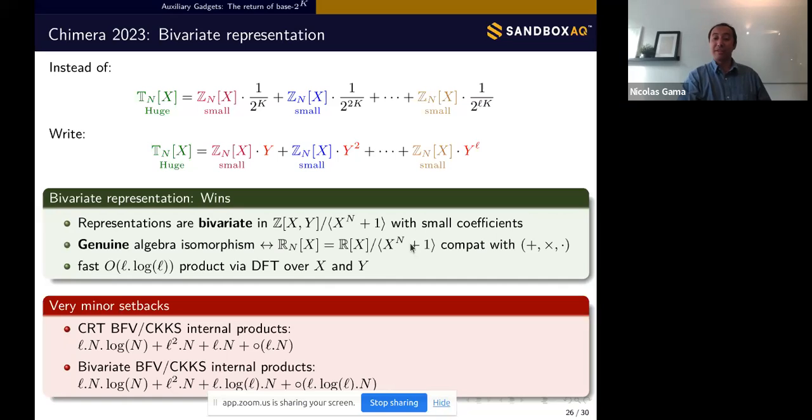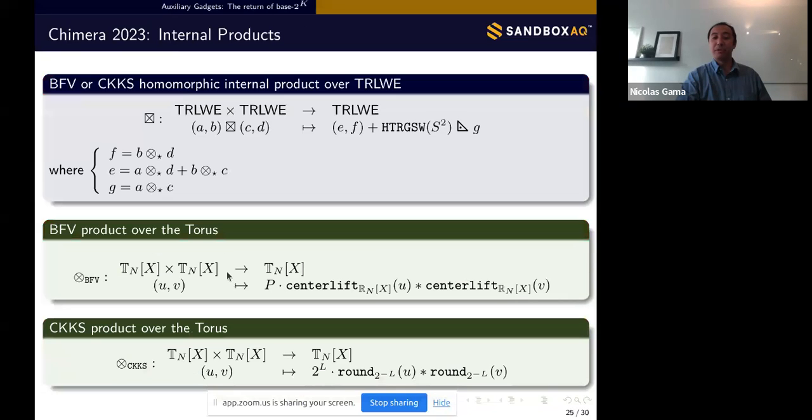And because of that, once I am in the bivariate polynomial, I'm able to evaluate the two products that were on the previous slides. The center lift will pass over the real field, and the same for the rounding.